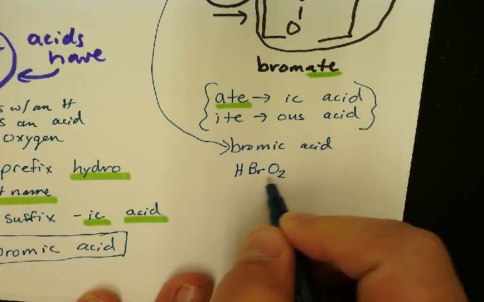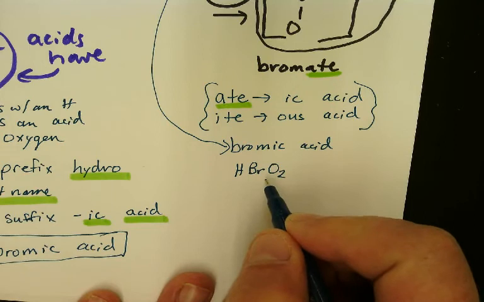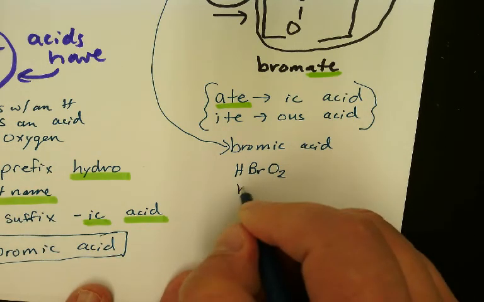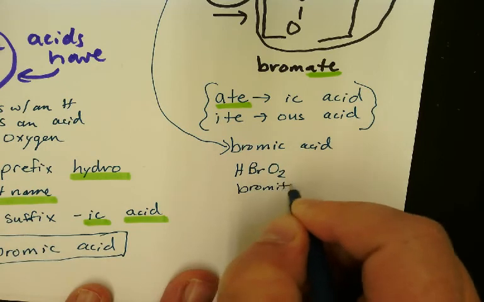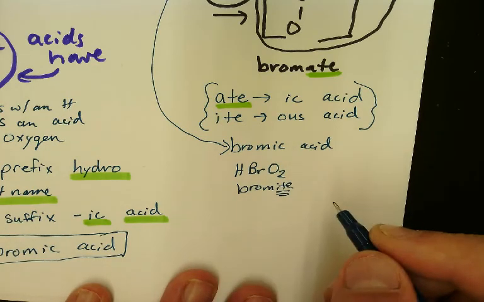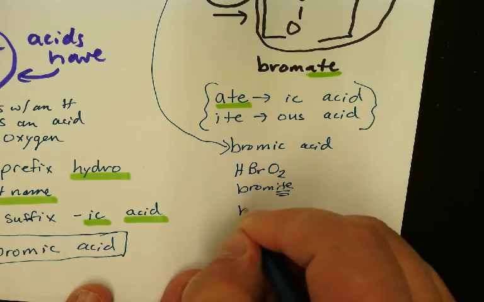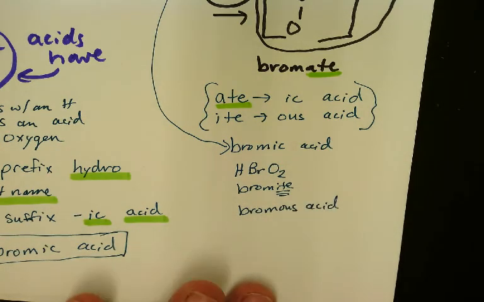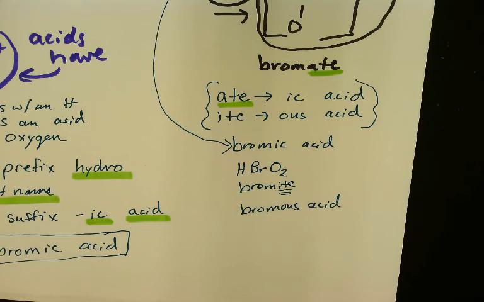You have to look up the name of the anion. What is it? Bromite. Change the ite to what? So this is bromous acid. It's that simple. And that's how you name an acid.